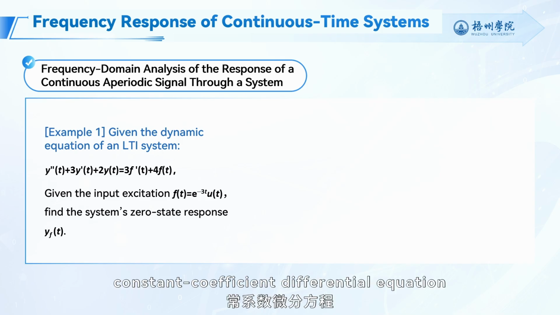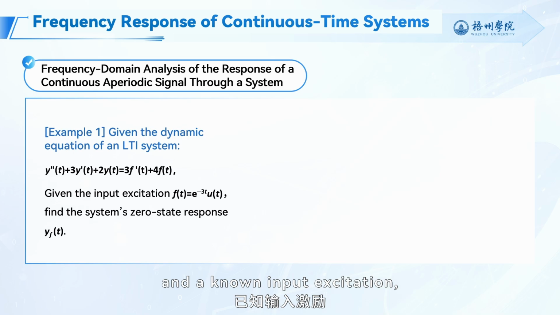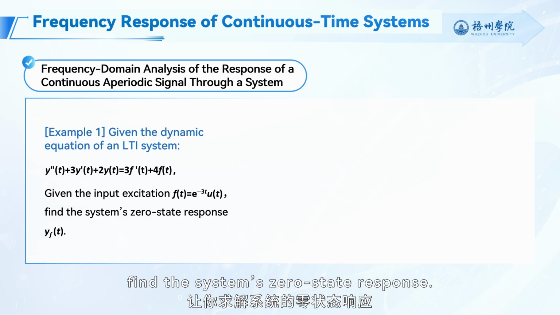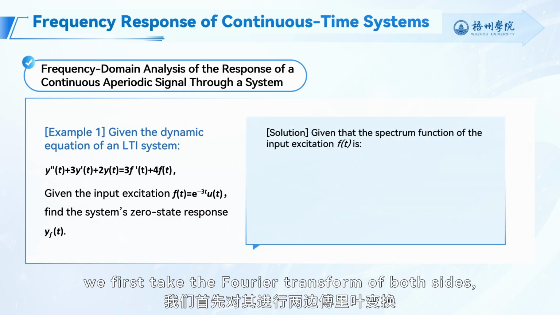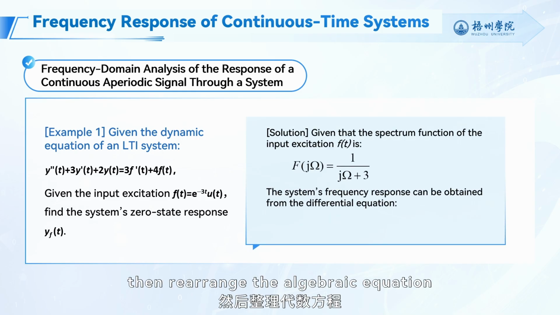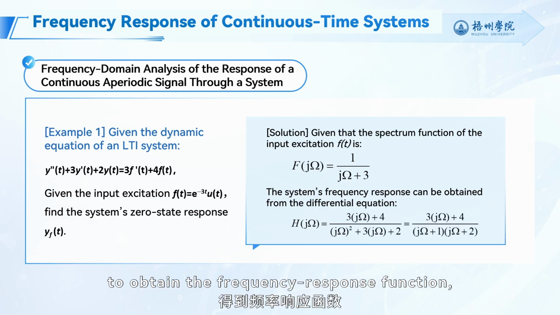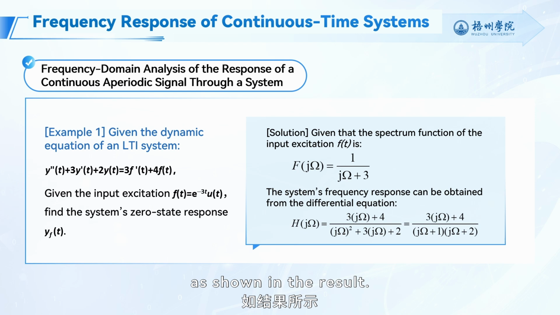Given a second-order constant coefficient differential equation and a known input excitation, find the system's zero-state response. Seeing this problem, we first take the Fourier transform of both sides, then rearrange the algebraic equation to obtain the frequency response function, as shown in the result.